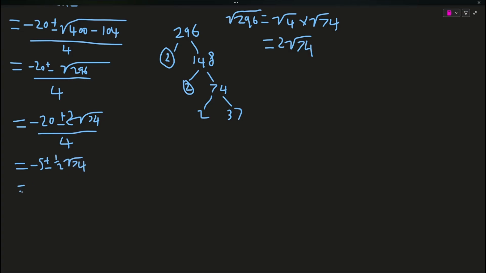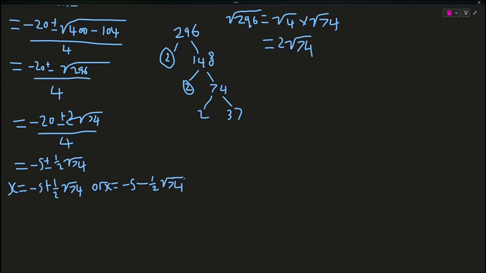So the two solutions are minus 5 plus half square root 74, or minus 5 minus half root 74. Okay, so we found two solutions.